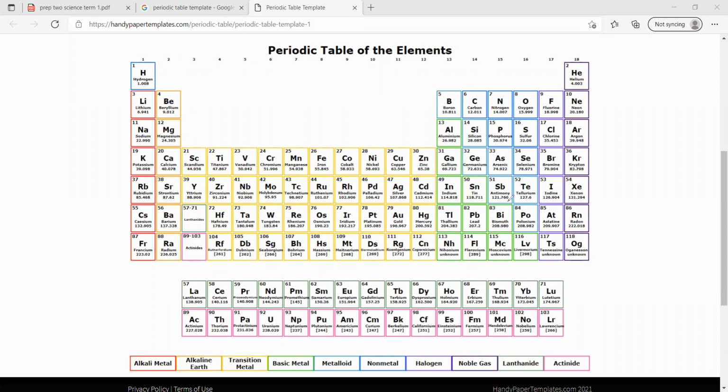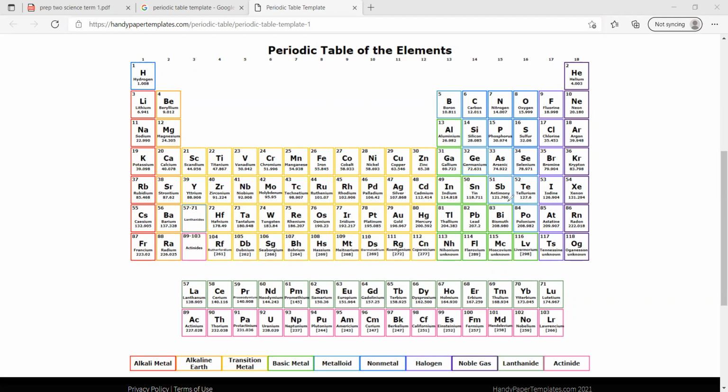If I ask about the relation between the metallic property and the atomic size, Salma, what is the type of relation between atomic size and the metallic property? In the same group.